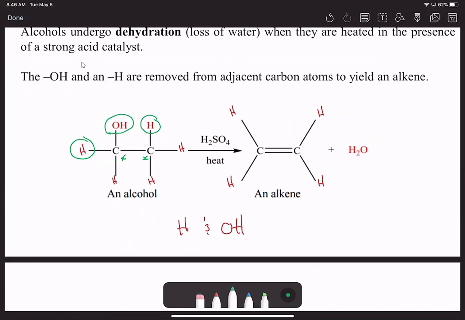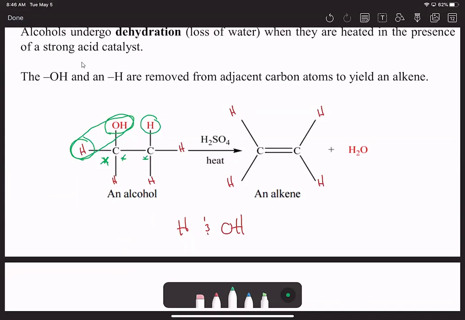All right, so here we need to make sure we're removing the correct hydrogen and the correct hydroxy group. All right, so if we remove this, it would not be good because now our carbon over here would only have 2 bonds.